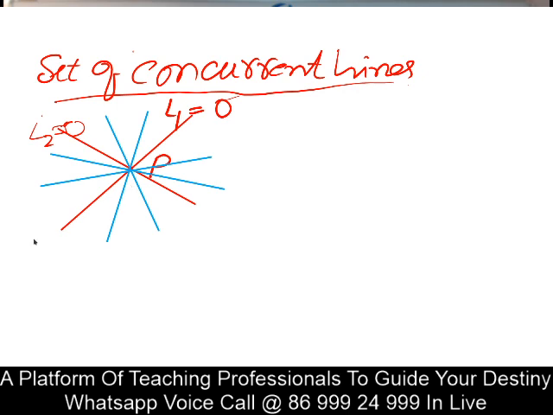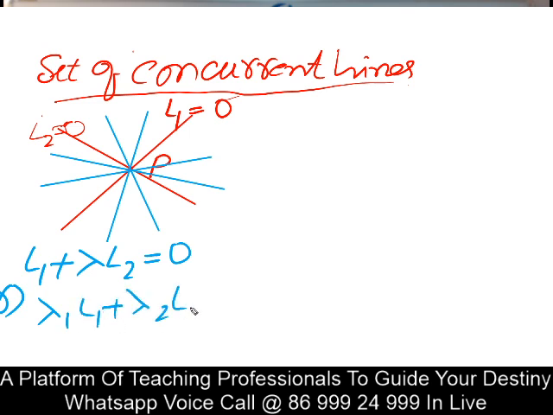set of concurrent lines. The equation is simply given by L1 plus lambda L2 equal to 0, or it can also be written as lambda 1 L1 plus lambda 2 L2 equal to 0. Both are the same, please.